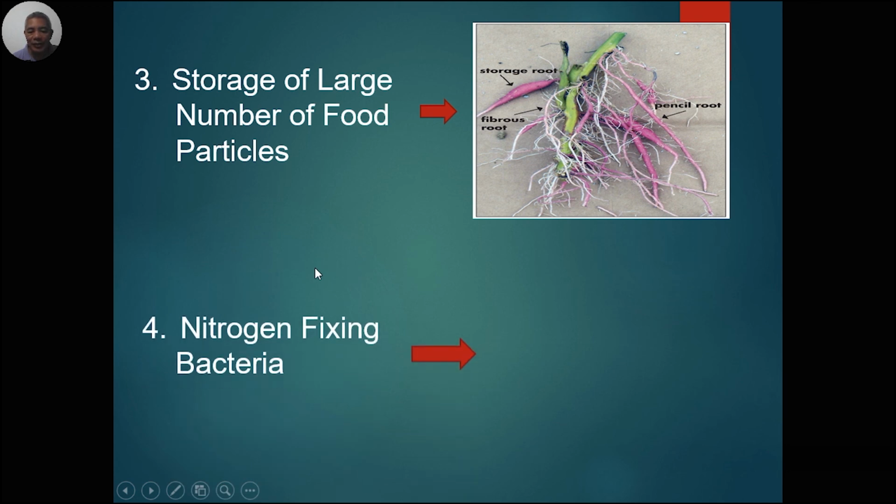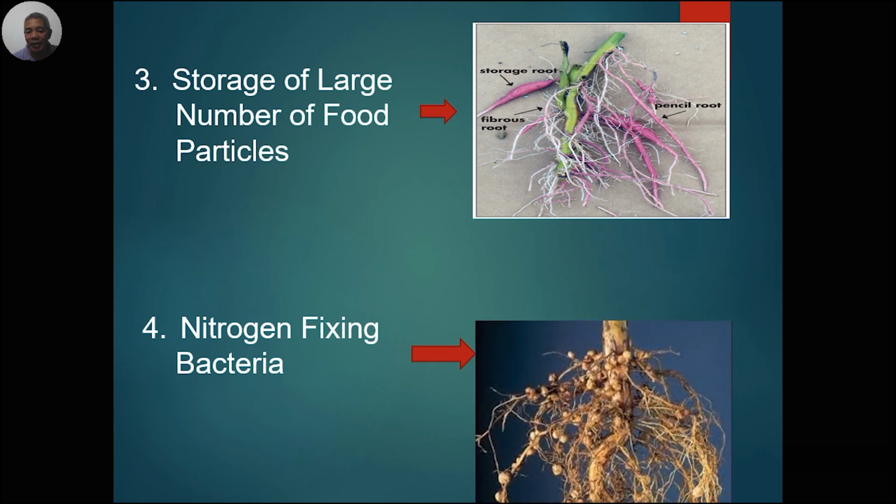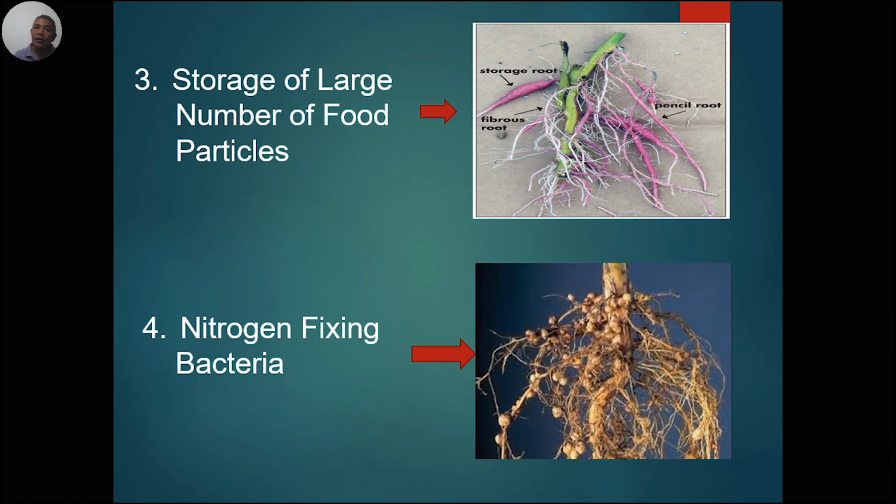All right, next is nitrogen-fixing bacteria. In the roots of legume plants, there are seed-like structures attached to it. So this one. And these seed-like structures are what we call nodules. And every nodule inside actually has bacteria, and they are responsible for fixing nitrogen.